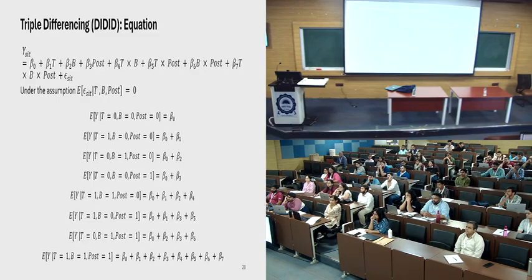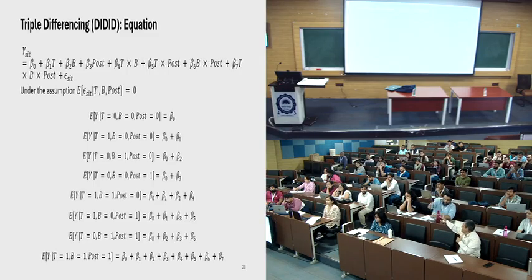And all I am doing is a simple assumption that the expectation of my error term conditional on treatment, the state where it has happened, and the post is equal to 0. And I successively compute all the expected values. Nothing more than that. And then all I want to do is take the difference of those expected values one by one, right?